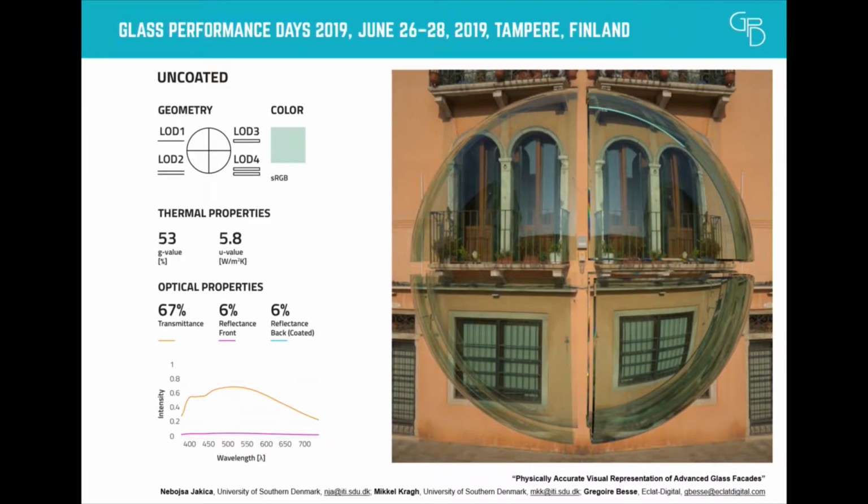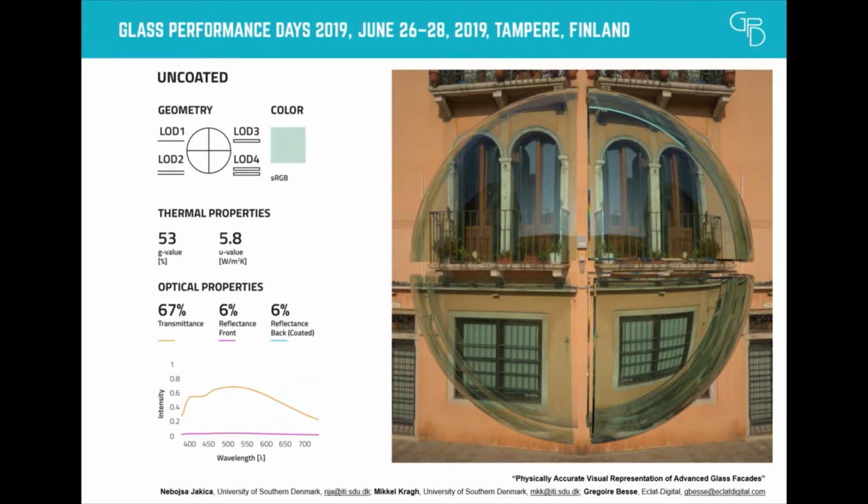So these are some of the samples that we tested. This is for uncoated, and you can see here, especially comparing this, on the left are thin film models, and on the right are volume models, and you can see the optical distortion of the volume models that are very practical for representing curved glass.